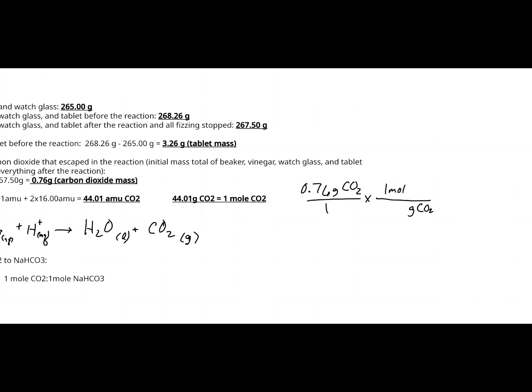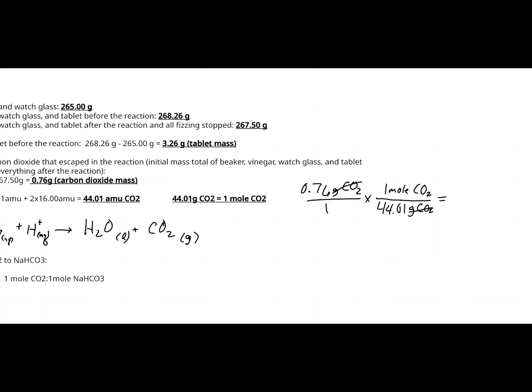And I said that 44.01 grams is equal to 1 mole of carbon dioxide. I can now cross cancel my units. And the answer that I get is going to be, let me do the math real quick so I can give you the raw answer there, which is important to have so we can talk about sig figs.